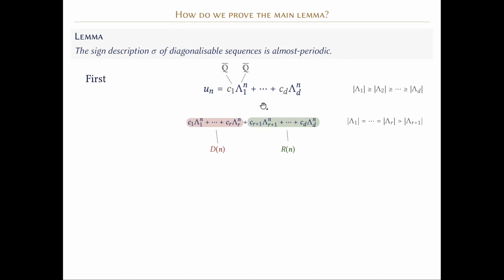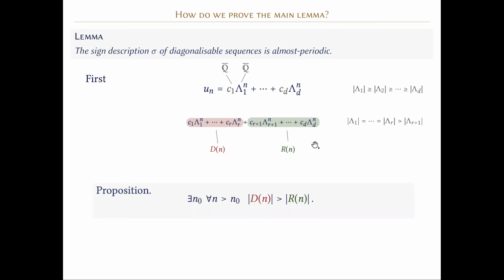So what we do here is we group these lambdas into two groups. The dominant part, where we accumulate all the lambdas of the largest modulus, and all the lambdas with smaller modulus we put to the rest. So I call this part the dominant part, and this part the remainder.